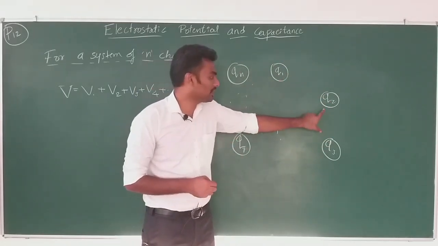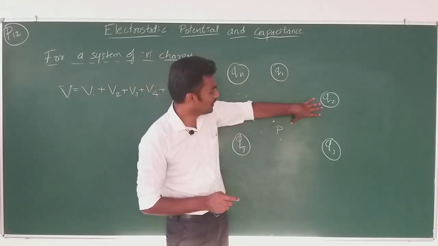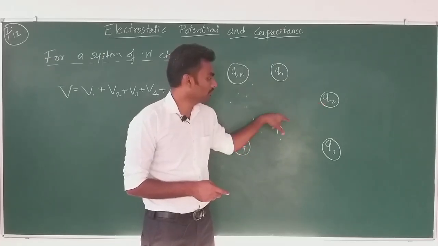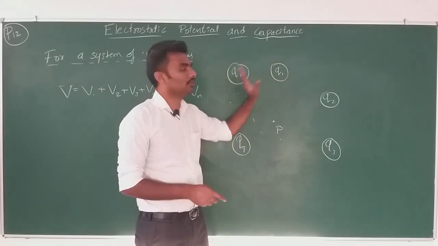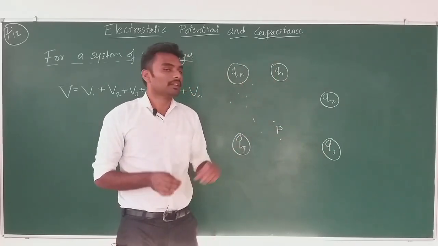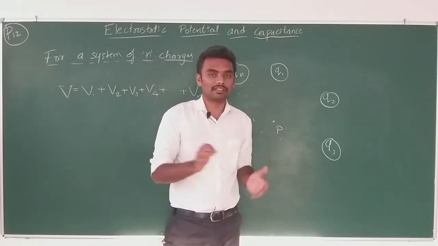V1 is not affected by the presence of Q2, Q3, Q4, following? And similarly, V2, the potential due to charge Q2, is not affected by the presence of Q3, Q4, Q1, following? So that is what the superposition principle is. The individual potentials are not affected by the presence of other charges.